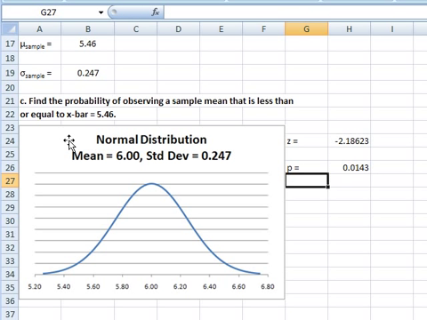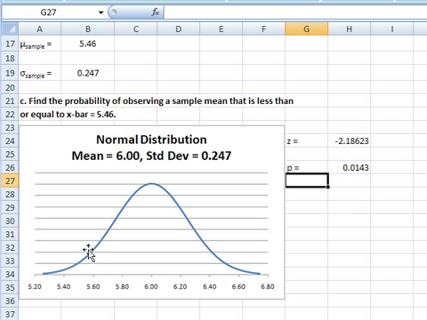And what can we conclude from this? Well, it tells us that the probability of getting a value of 5.46 or less, because remember, the table is giving us all the values to the left of the z value of minus 2.18 that we just calculated, is 0.0143. So that turns out to be 1.43%.